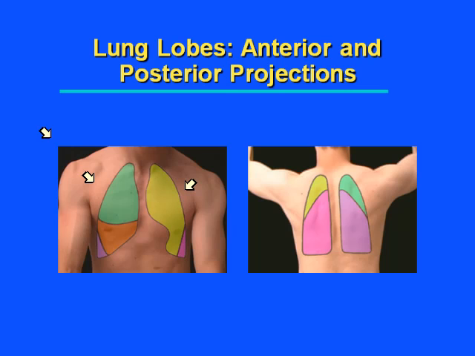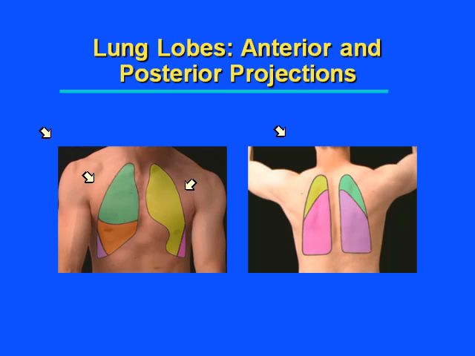So here they are. And then in the posterior view, the right-hand figure is the posterior view. And it's really interesting because you only see 2 lobes projected posteriorly because the middle lobe doesn't really project posteriorly.